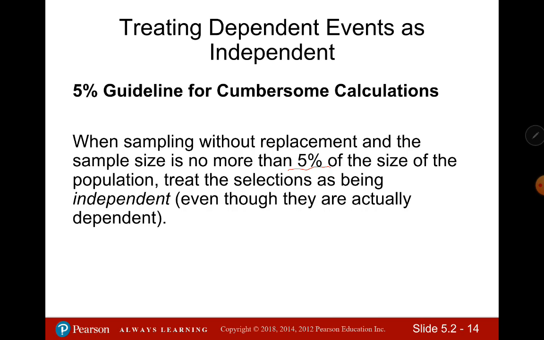We can use this guideline when we have a problem about binomial distribution, because the second requirement for the binomial distribution is that all the selections should be independent of each other. So sometimes the selections are without replacement, but if the sample size is very small, we can still treat them as independent selections.